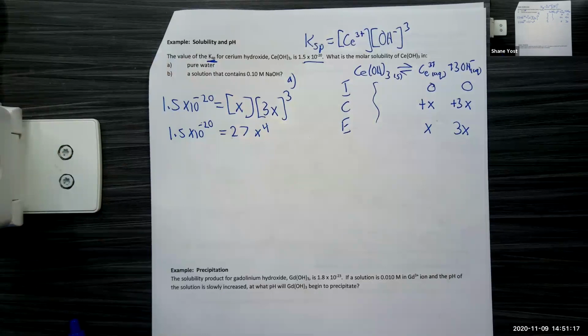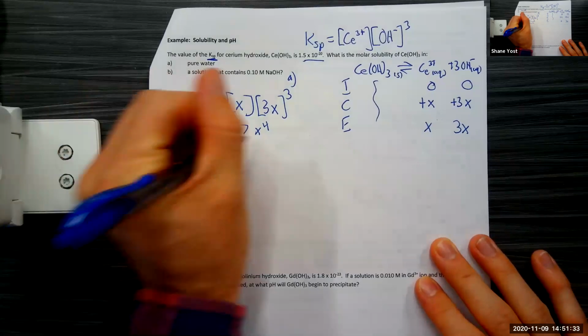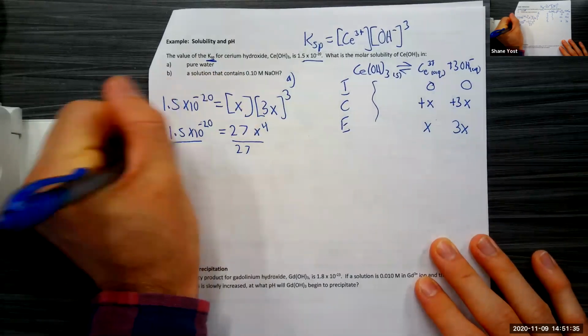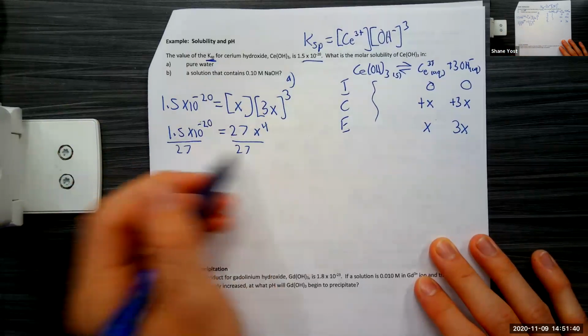All right. To solve for X, I need to divide both sides by 27 and then take the 4th root of both sides.